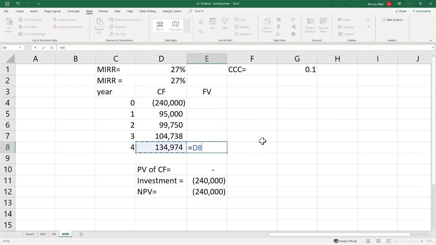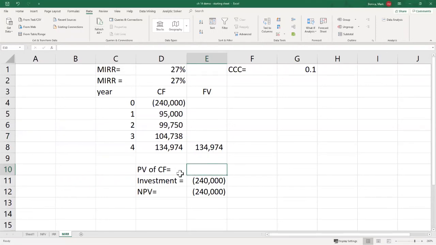So it's just that, because we don't do anything with that. Delete this, don't need that now. I'm going to change that in a minute, so I'm just going to delete it so it doesn't keep doing crazy things. So if you haven't done that, go ahead and delete the formula that we had in for the present value of the cash flows, because we're going to change that.